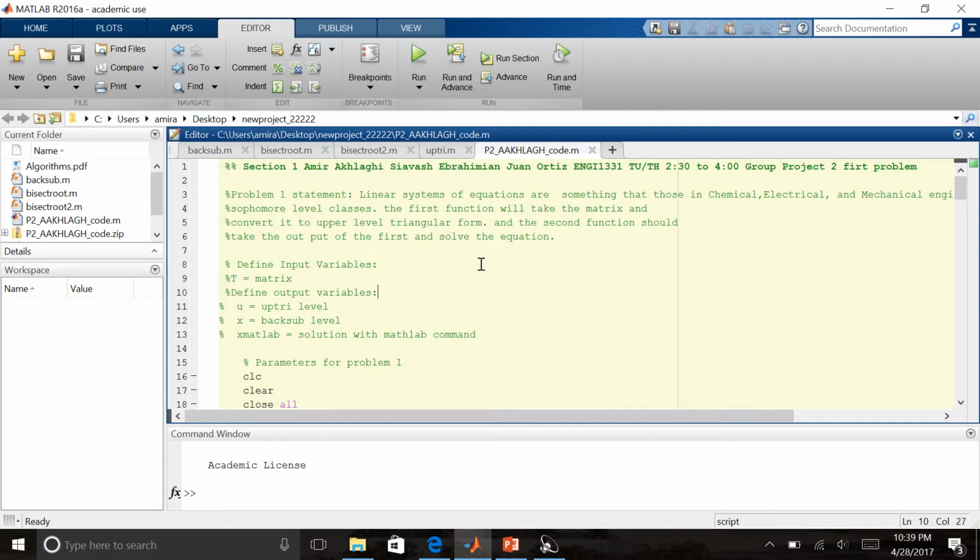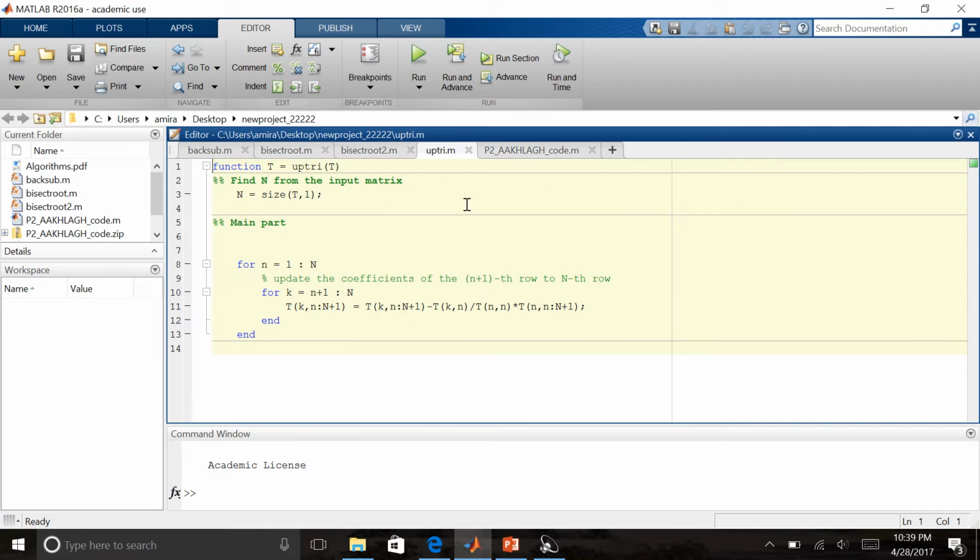So for the first problem, as the problem statement says here, linear systems of equations are things that are used in these engineering fields. They're sophomore level classes. As you know, we're going to have two different functions. The first is going to be a function that will convert the matrix to upper triangular form, which is this uptree here, and this function is the one that's going to create the matrix.